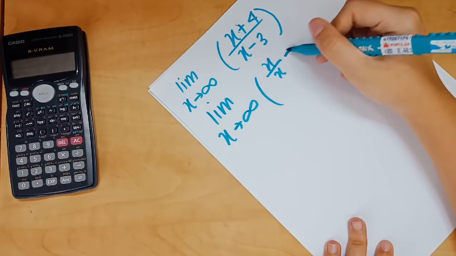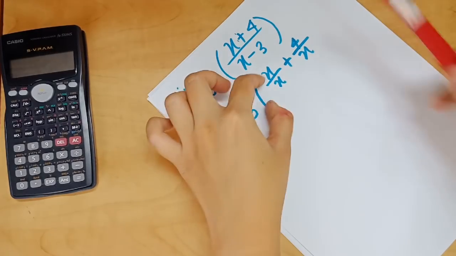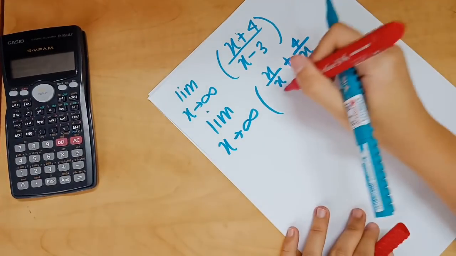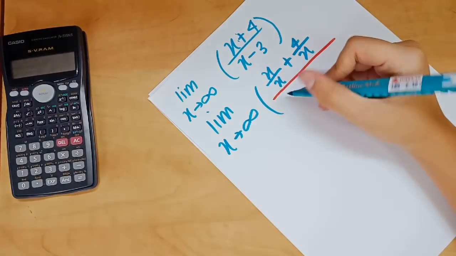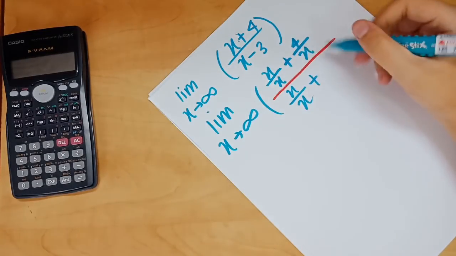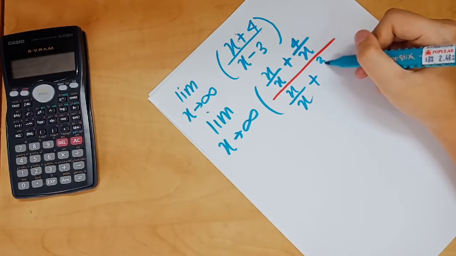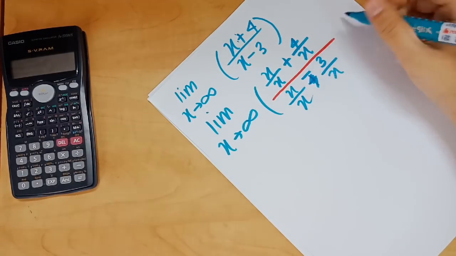x divided by x plus 4 divided by x. This is the top part of the equation, and I'll use a red line to separate the second part of the equation. So we have x divided by x plus, oh, it's minus 3 over x.